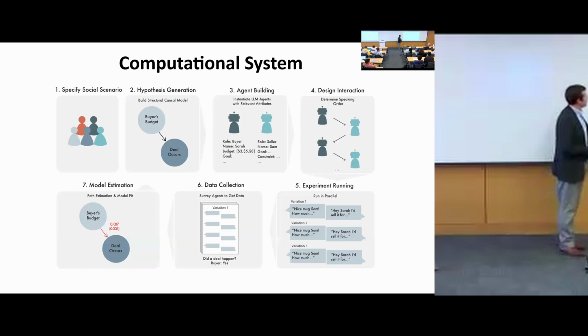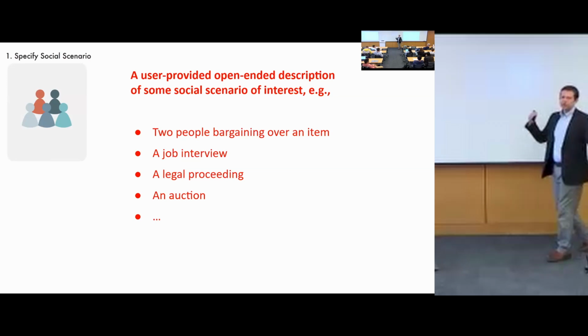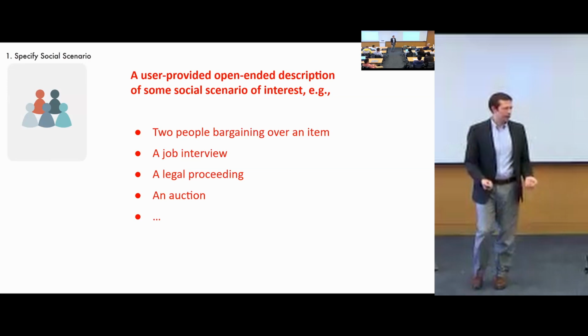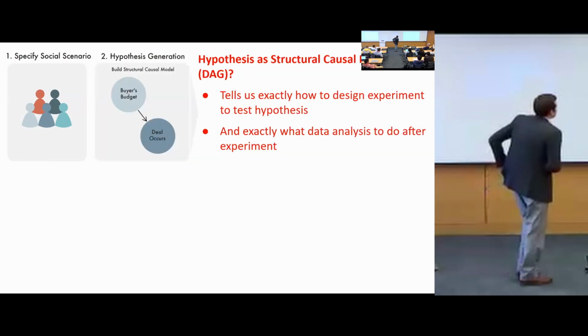And so I'll go through how each piece works. It starts with an open-ended description of some social science scenario, and this is what we do in the paper, say two people bargaining over an item, or a job interview, or a legal proceeding, or an auction. That's the level at which you kick off the process: this is the thing I'm interested in.